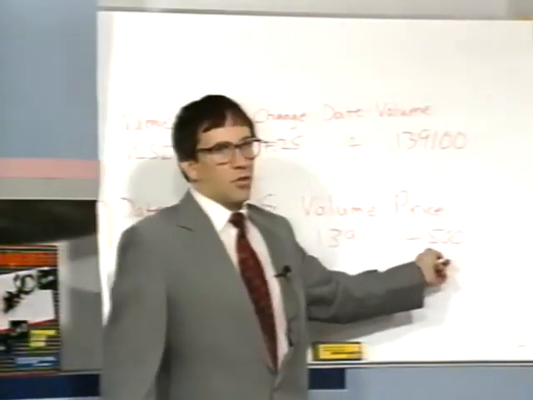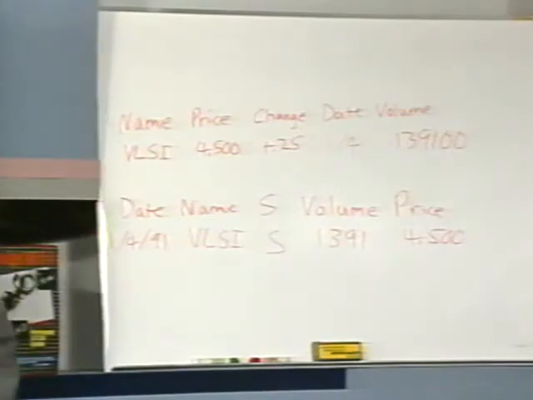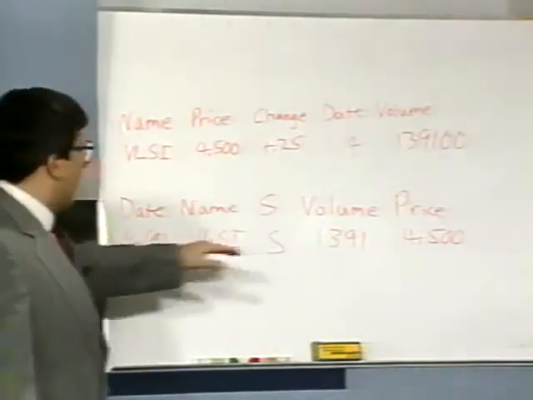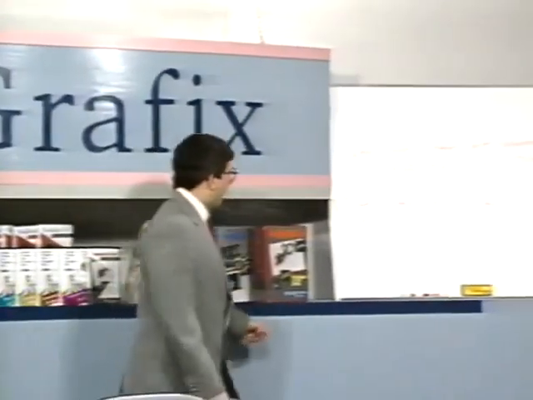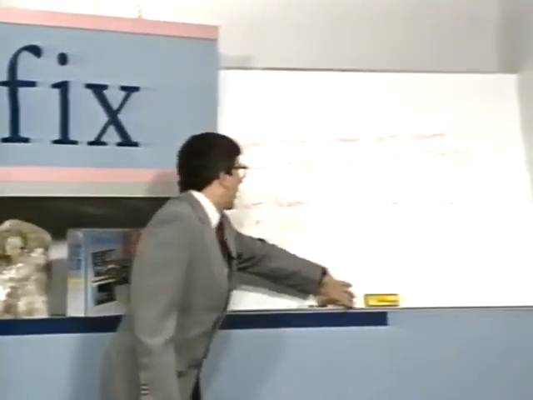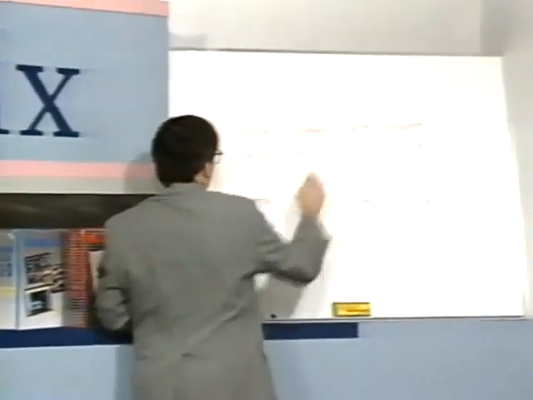And then the price, which is the same. The data needs to be reorganized, and 2 fields, the date and the volume, need to be modified. Not every field will be converted. For example, we don't need the change.